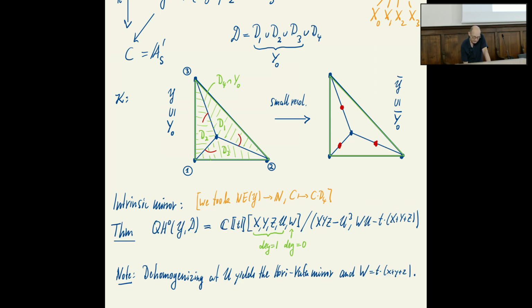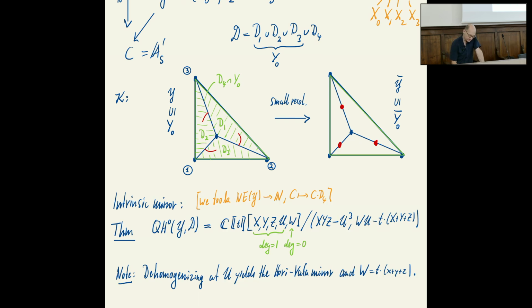So it's a non-complete geometry, and W generates the ring of global functions. This has degree 0, and then you have 4 more variables of degree 1. And there is the equation XYZ minus u cubed that we will see as a kind of toric equation.